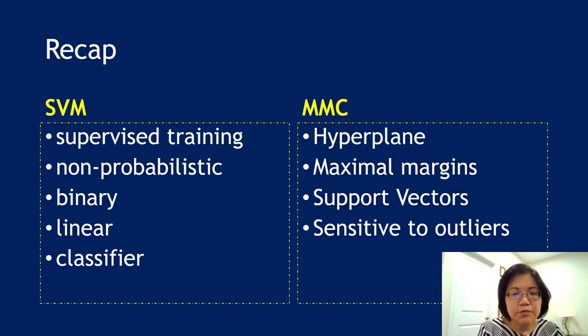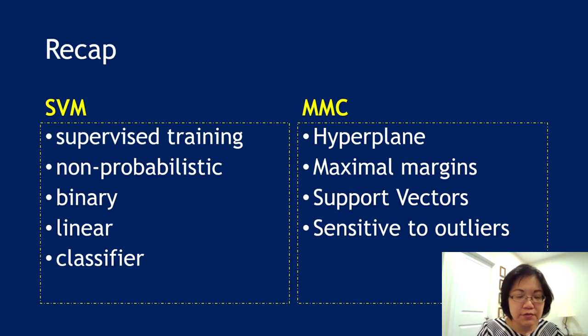In the first lecture, we talked about maximal margin classifier, MMC. It's a hyperplane designed to maximize margins. The hyperplane is created using support vectors. It is very useful for separating two classes of data.